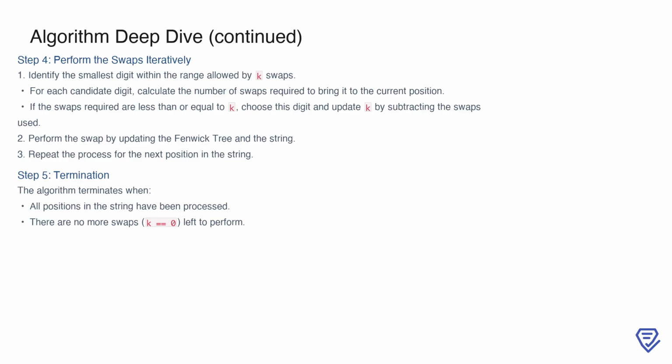The Fenwick tree is updated dynamically to reflect the changes in positions after each swap. This ensures that the cost of subsequent swaps is calculated correctly. Once the swap is executed, we move to the next position and repeat the process. The algorithm continues until all positions are processed or there are no swaps left to perform. At this point, the string represents the smallest number that could be achieved within the given constraints.